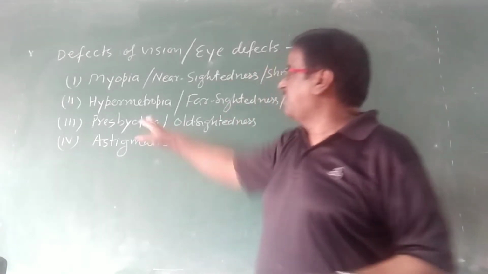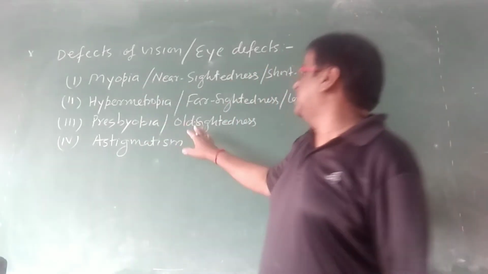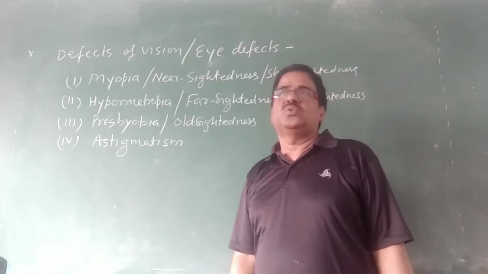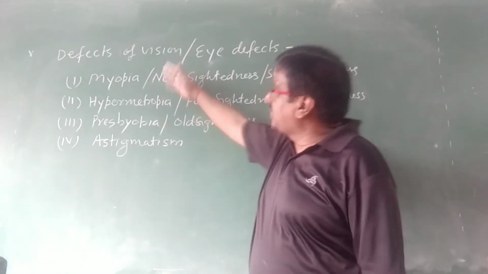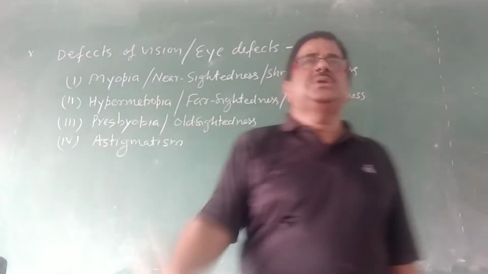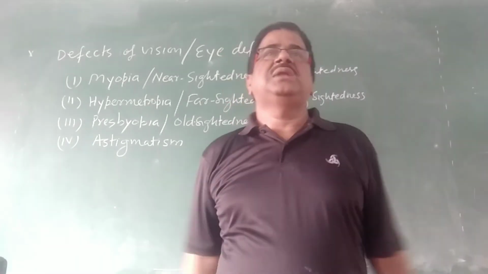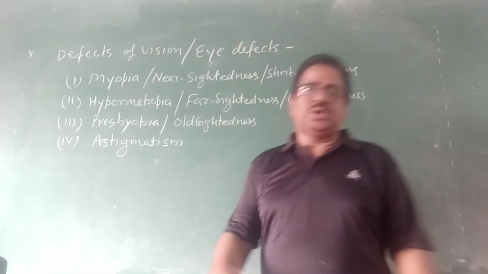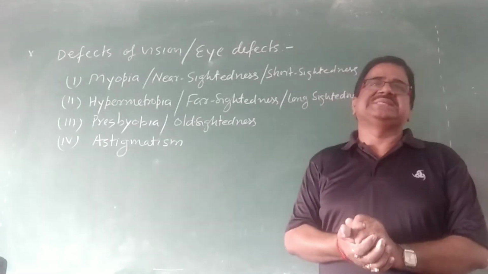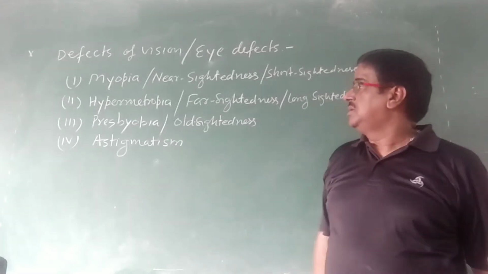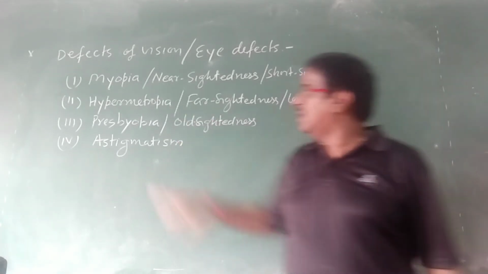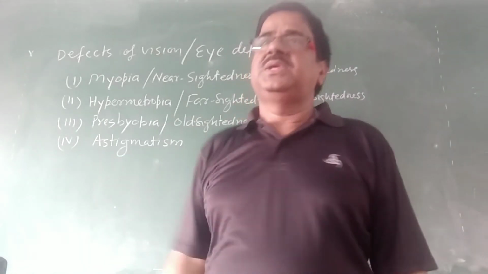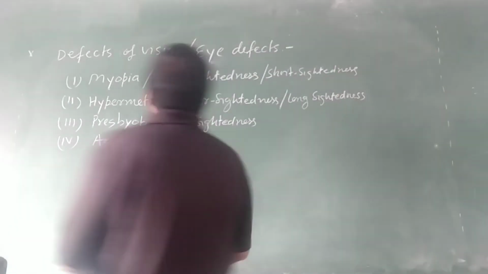Presbyopia is also called old sightedness, where both types of defects are present. Neither nearby nor far off objects can be seen clearly. I am going to discuss one by one.